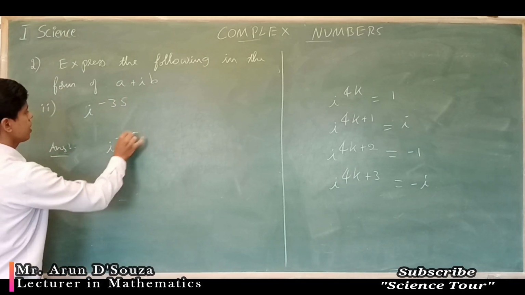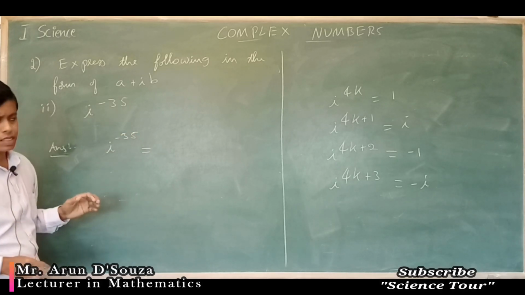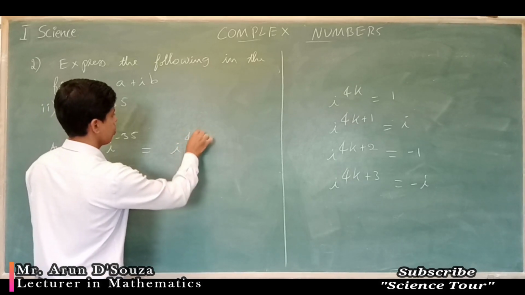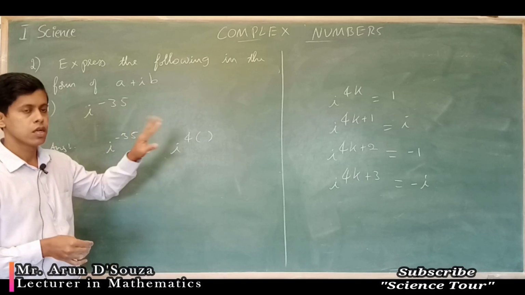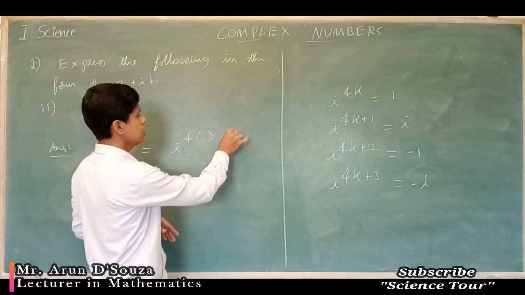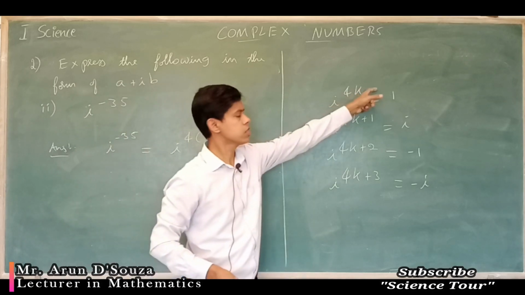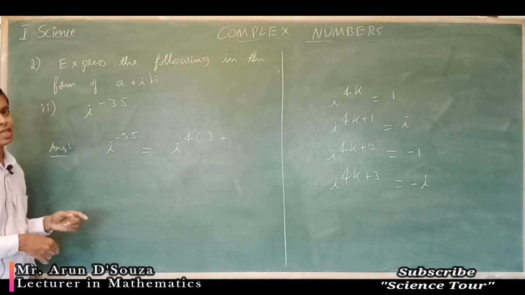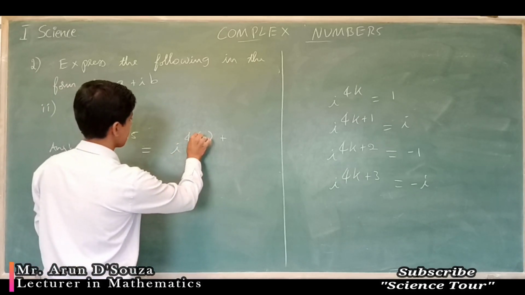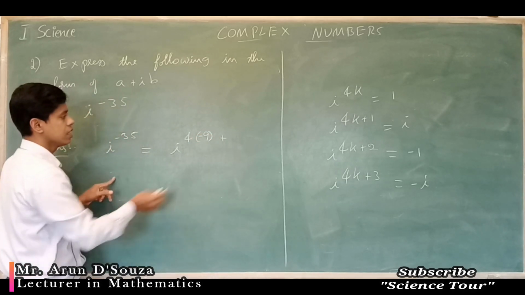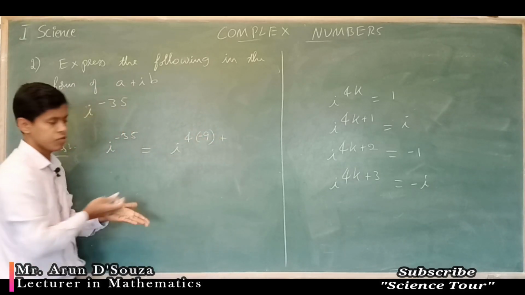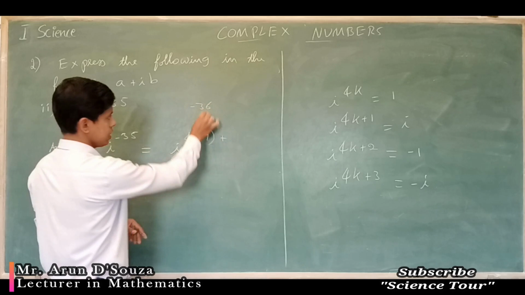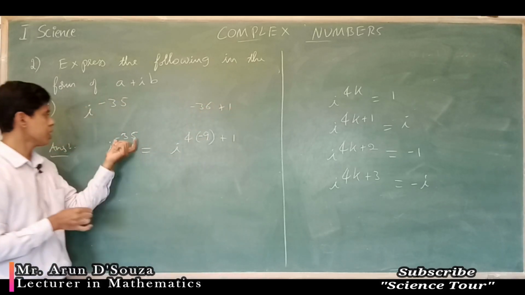Now, i raised to minus 35 can be written as i raised to 4 into any integer plus either 0, plus 1, plus 2 or plus 3. Now it depends on this number. So which number can you put here? You can put minus 9. 4 into minus 9 is minus 36, and plus 1 will give you minus 35.